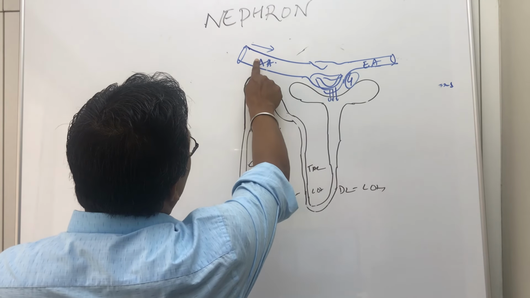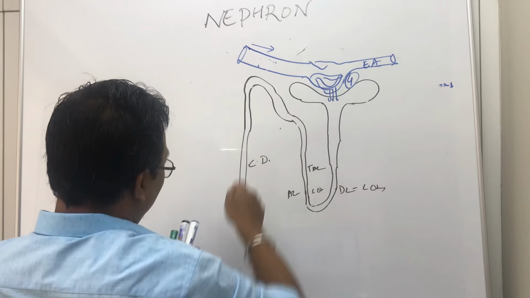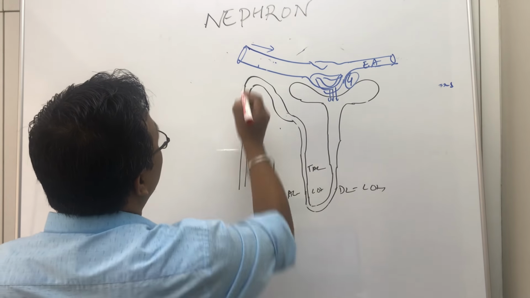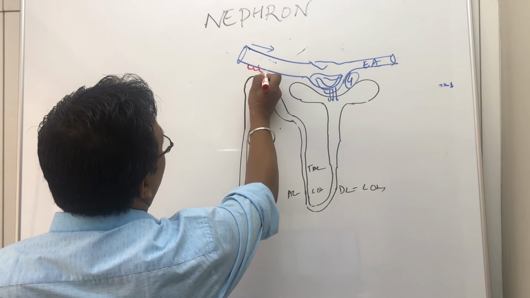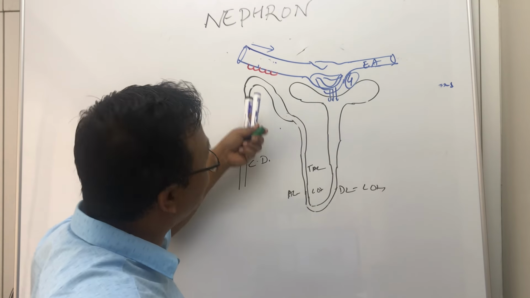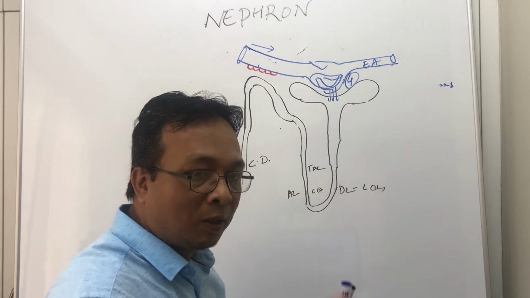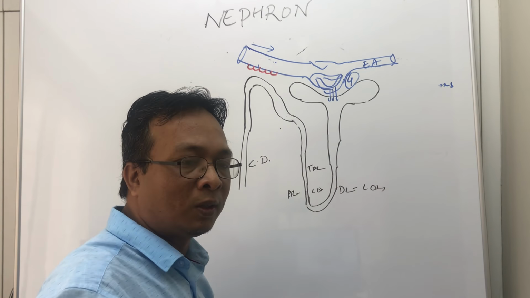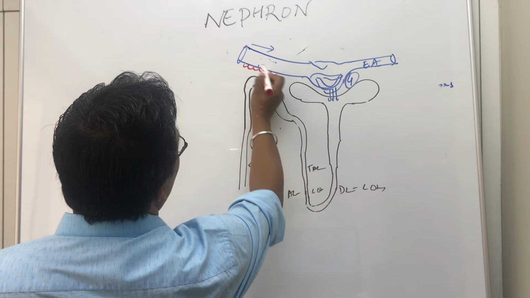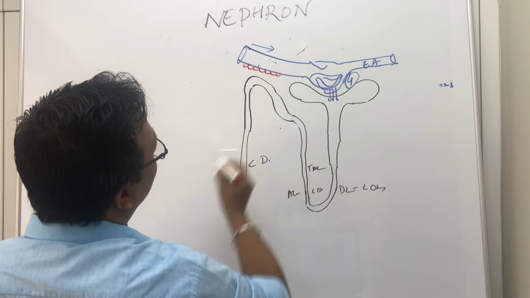It has been seen that in this arteriole there are some special extra cells, which are found only in this portion where the distal tubule is very, very close. Please pay attention, and I can repeat if there is any doubt. So there are some special cells lying very close to the distal tubule.